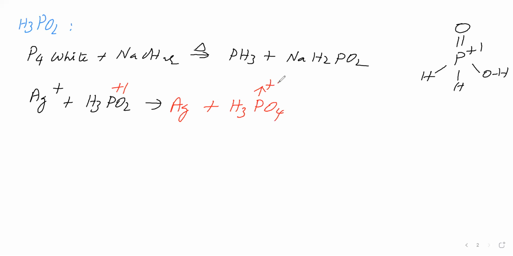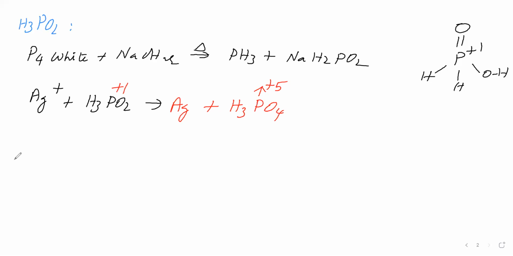Here phosphorus is plus 5, equal to its group number. So Ag plus is converting into Ag. H3PO2 is converting into H3PO4. The plus 1 phosphorus is converting to maximum oxidation number plus 5.